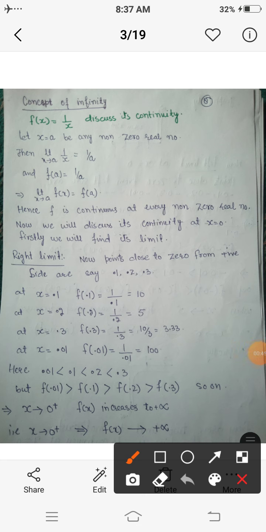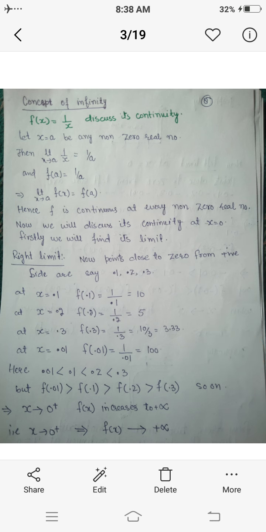Let x equals a be any non-zero real number. Then its limit, limit x tends to a of 1 upon x, is 1 upon a, and the value of this function at this non-zero real number a is simply f of a equals 1 upon a. That is, the value of the function at a point equals the value of the limit at the given point.